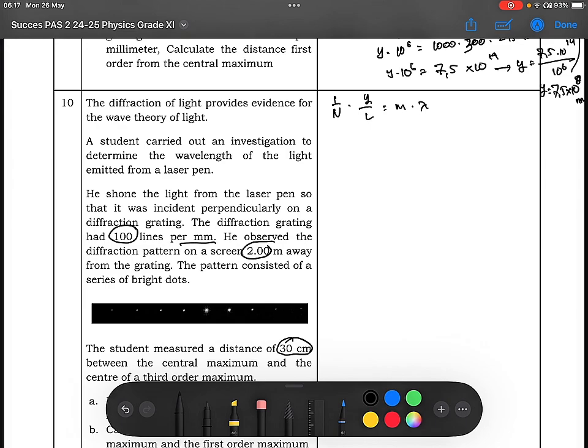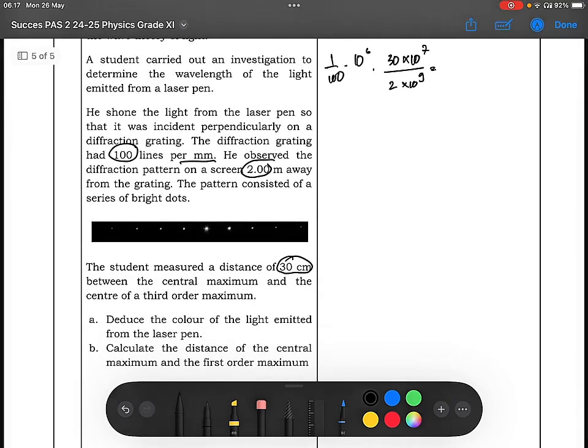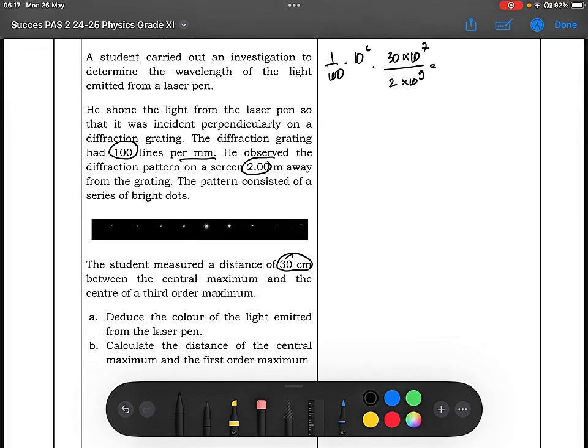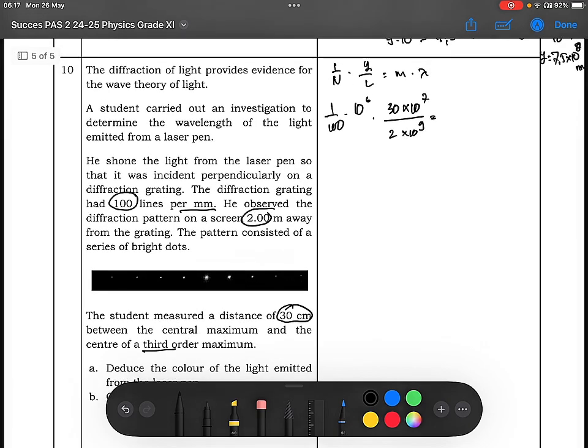The grating is 30 millimeter. The y is 30 centimeter, change to nanometer, and L is 2 meter. It is the third order, so m is 3.